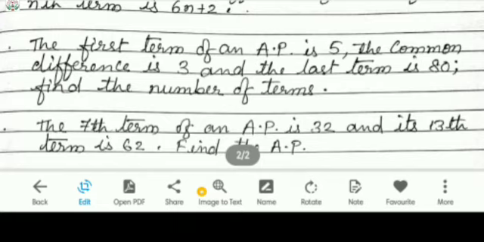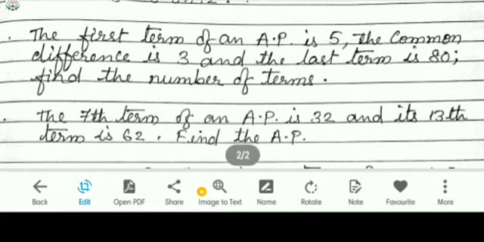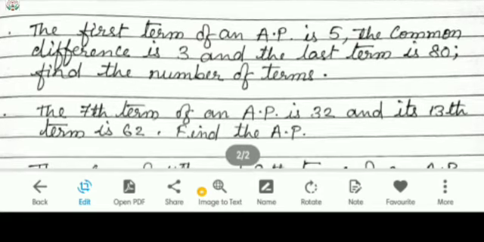The formula for the last term is L equals A plus (n minus 1) into D. In place of L write 80, put A as 5 and D as 3. On simplification you will get the value of n, which is the number of terms.